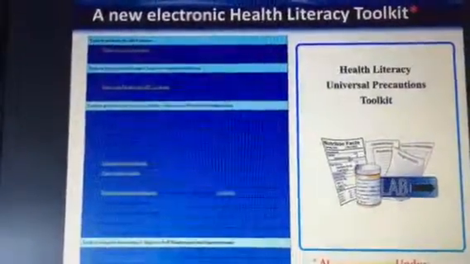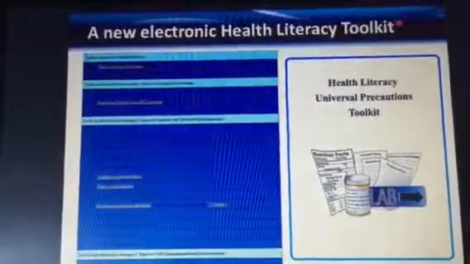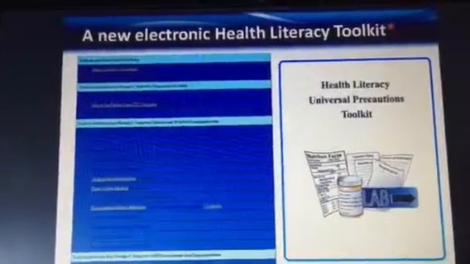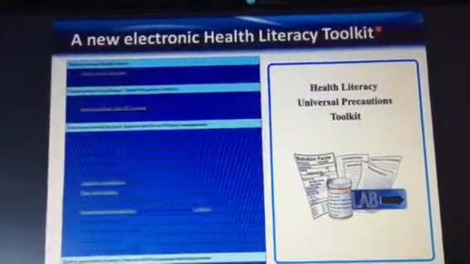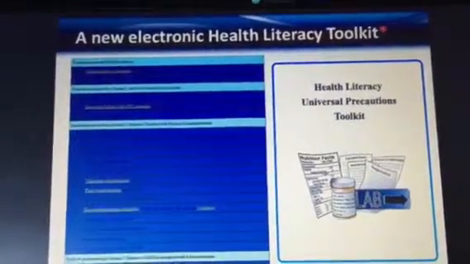So I'm not sure if you can see this really well, but this is the Health Literacy Universal Protections Toolkit. Basically, it is an electronic version of what the physician and or doctor will need.